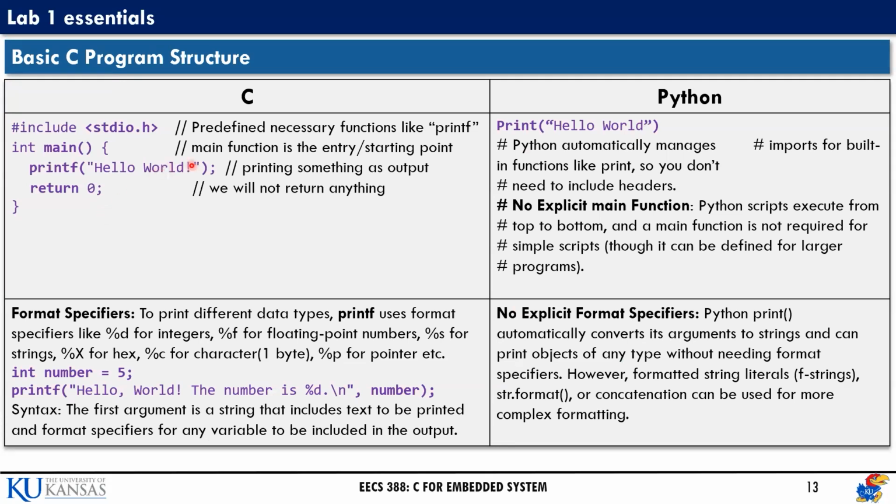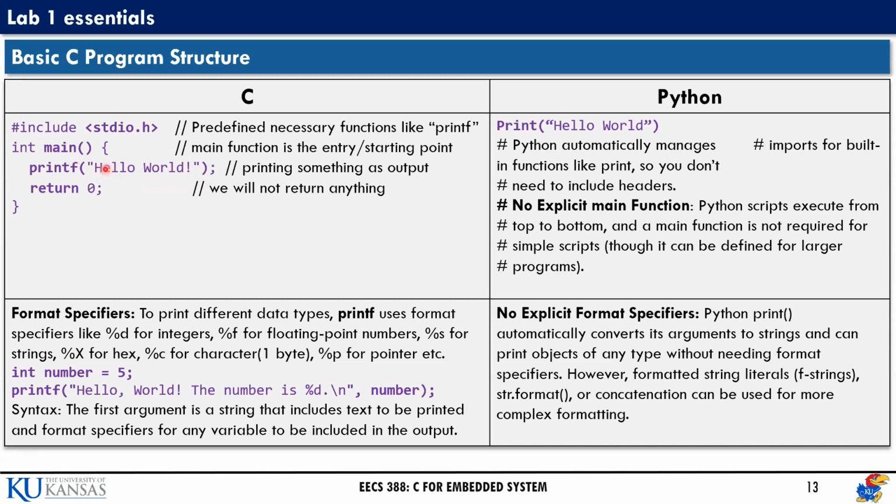So if we want to use the printf function, we have to define this standard io.h library. We can define a library in our C program using the include keyword. This is the predefined library that helps us print the hello world string into a terminal.